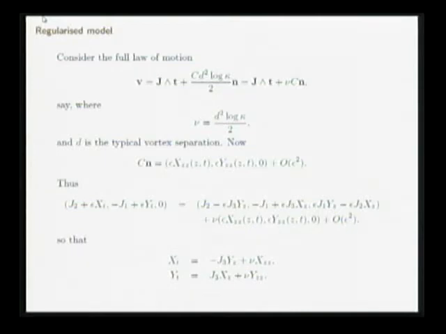So instead of just having J cross T, you include the curvature times normal term. And let me tidy it up and let all this stuff here just be equal to this nu. So I took the limit before that d was much smaller than the square root of 1 over log kappa, so that this nu went to 0. But maybe if I keep nu in, let's see what happens.